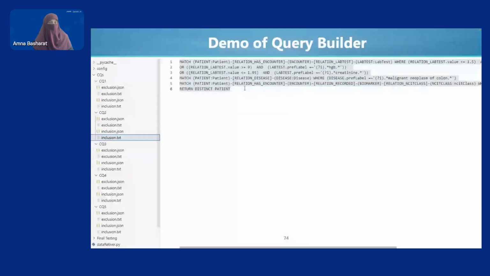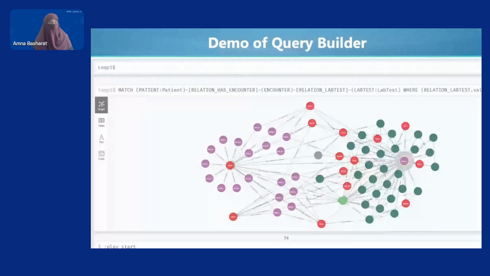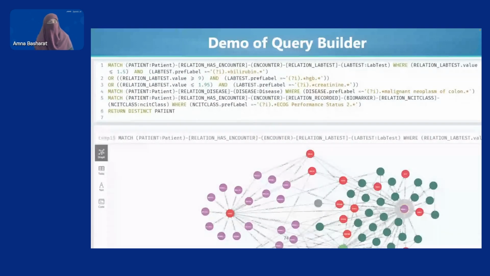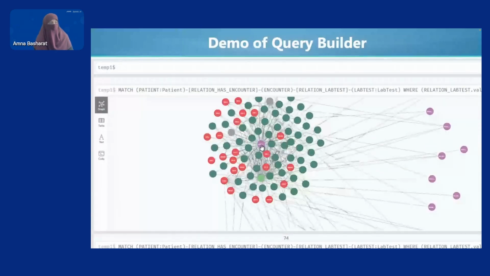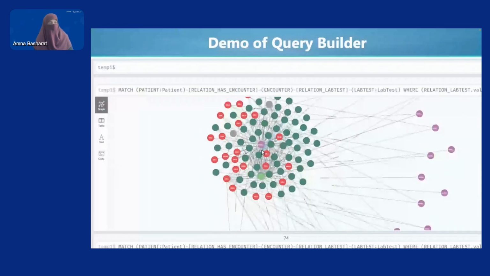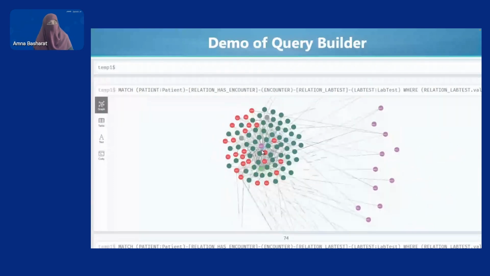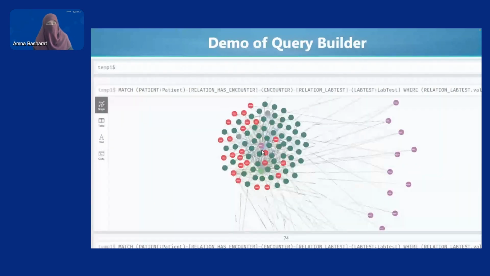Once the query engine runs, it generates a Cypher query. The query engine runs the Cypher query automatically, but over here, for demo purposes, I'm just copy pasting the query in the Neo4j browser and showing you how the results of the patients are retrieved. If you zoom in on the patient, you can see the purple node is the patient, and the green nodes are its encounters.